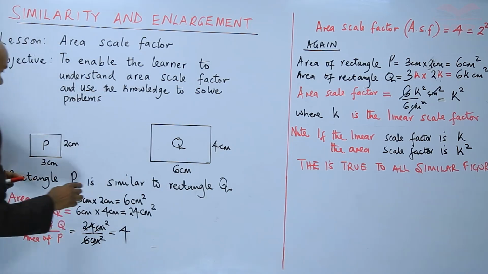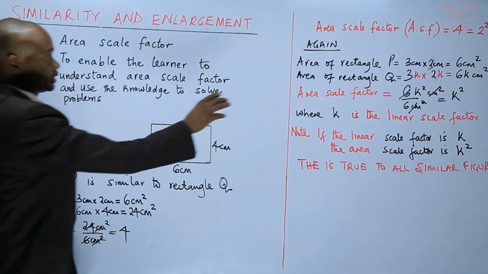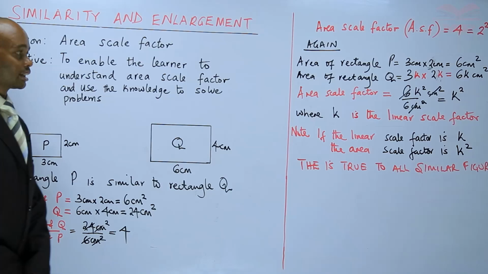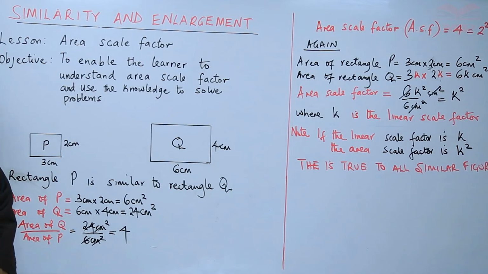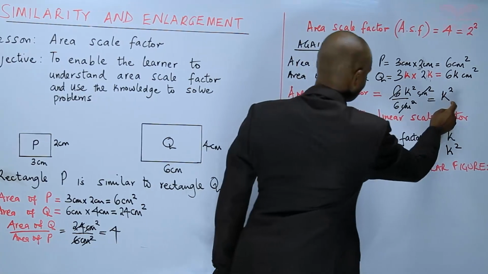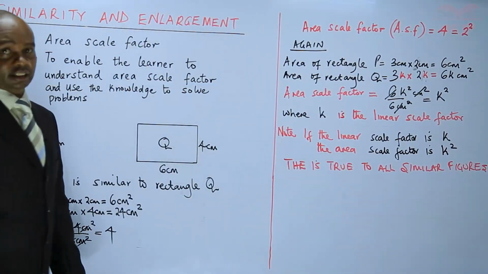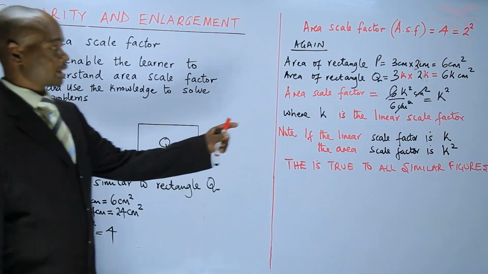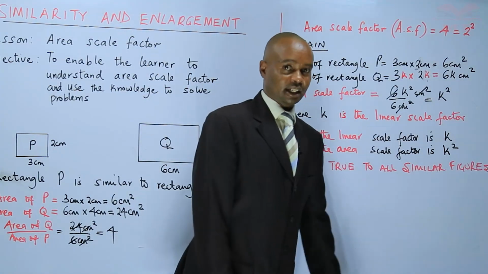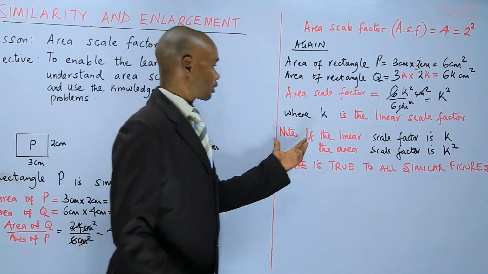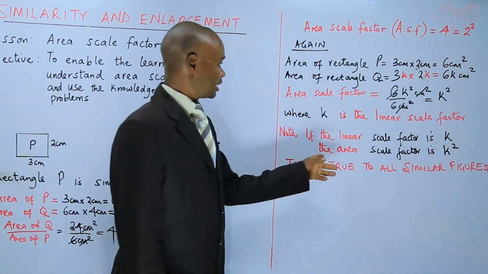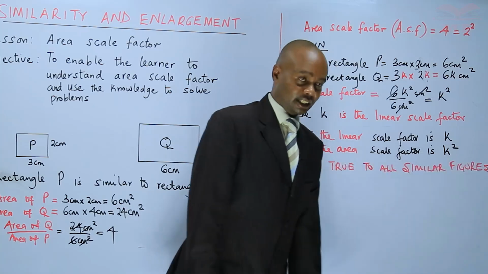So instead of writing 2, I put K, just to show the relationship between the linear scale factor and the area scale factor. On working out, the area scale factor is K squared, where K is the linear scale factor. Therefore, if the linear scale factor is K, the area scale factor is K squared.